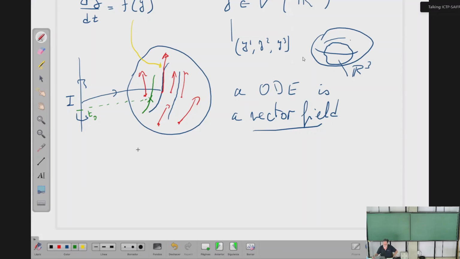For instance, can it happen that I have a situation like this? Okay, let me draw. I have a point, and I have a curve here, and I have another curve here. Can I have something like this?